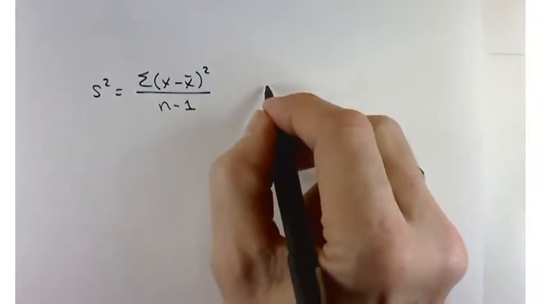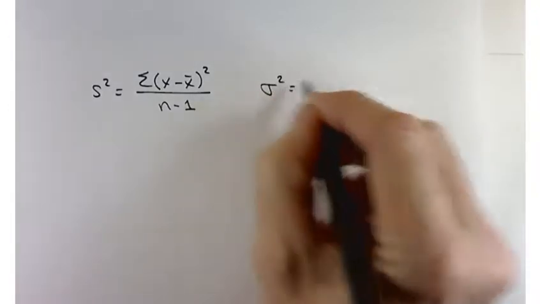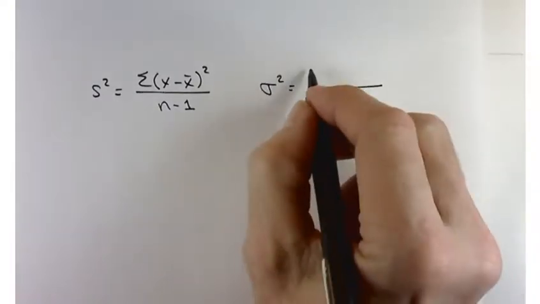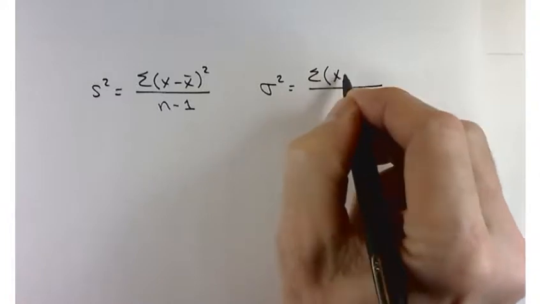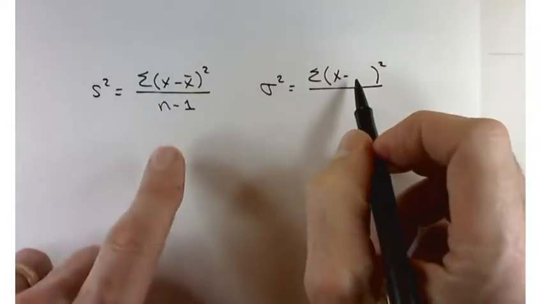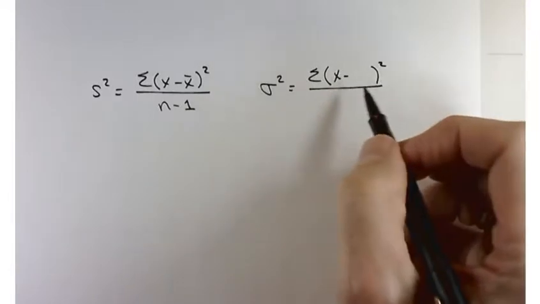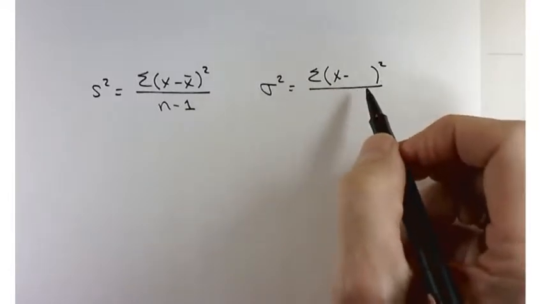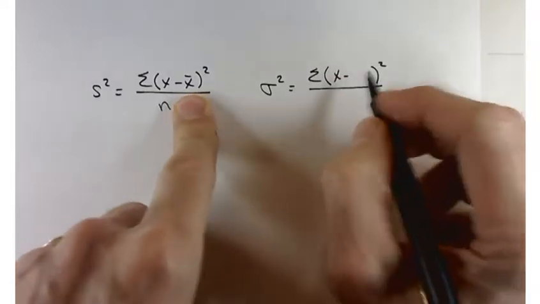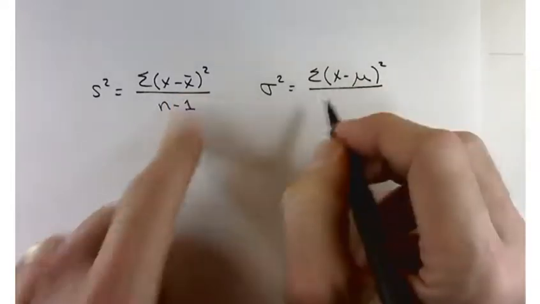In comparison, sigma squared, which is our population variance, is calculated this way. Sum of your data minus its mean. But when we're dealing with populations, I no longer use x bar. What should I use here? Mu. Good job.